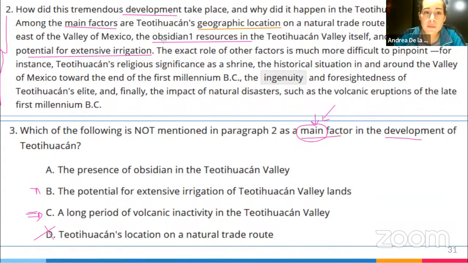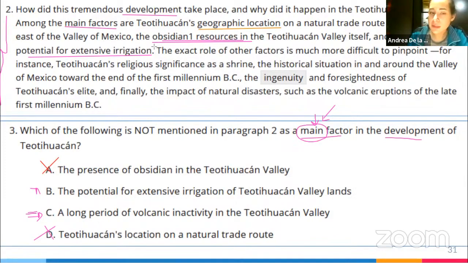Now, then we have the obsidian resources. Which option is that? Option A, great. Is it correct? Yes, right? Because it says the obsidian resources in the Teotihuacan Valley itself.